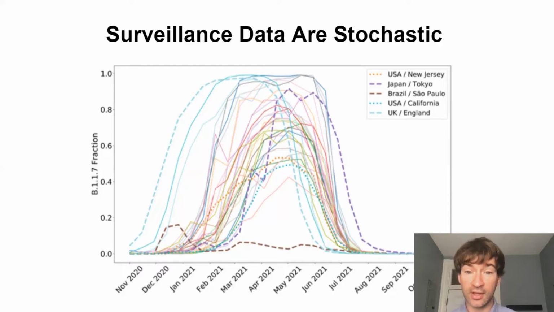For example, this variant became pretty prevalent already at the end of 2020 in, for example, California, but it didn't hit Japan until a few months later. So as we zoom in further and further into this data, it becomes more and more stochastic. And from one time to the next, there's quite a bit of stochasticity. We need our modeling to take that kind of behavior into account.